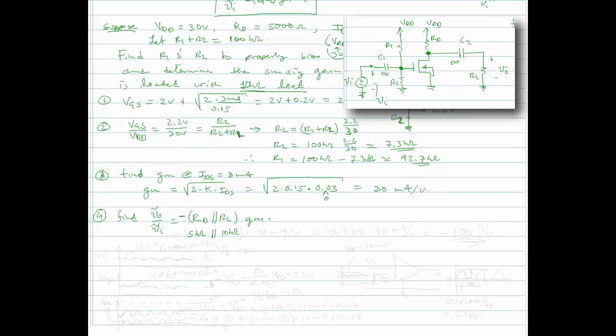So it's 5K in parallel with 10K times 30 milliamps per volt. And that gives us 3.3 kiloohms times 30 milliamps per volt, which, with the minus sign, equals minus 100 volts per volt.